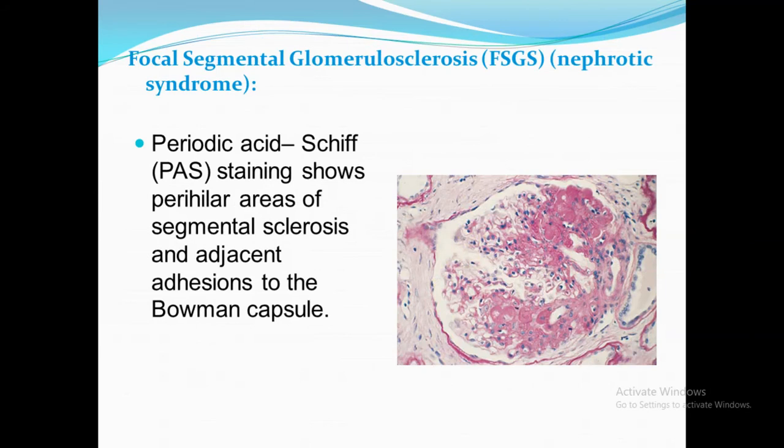Focal segmental, as we mentioned, partially affects the glomeruli, and here we have deposition of sclerotic materials, which as we said may be mesangial matrix proliferation. Here we use a special stain, PAS stain, periodic acid Schiff stain, to show the sclerotic materials and partial effacement or obliteration of the Bowman space. Here there is no Bowman space in the affected part.